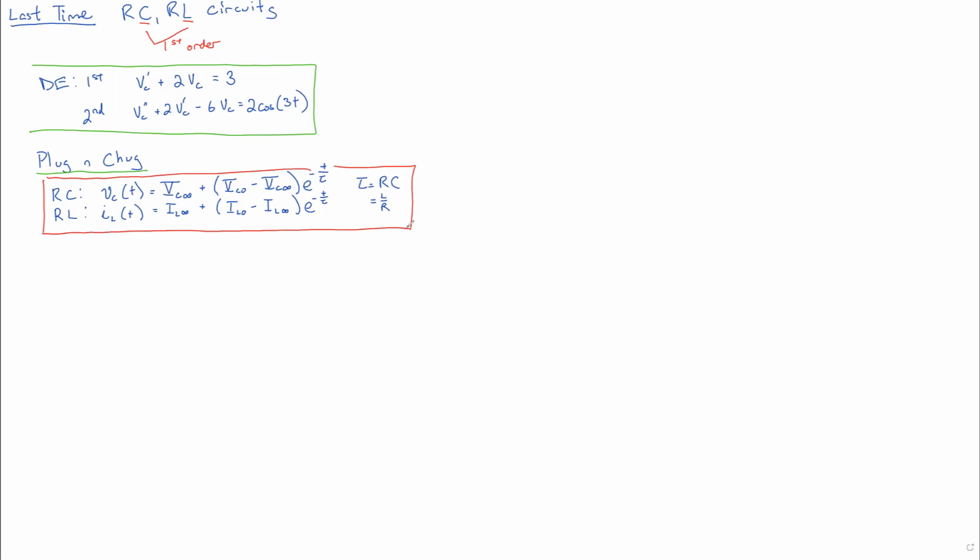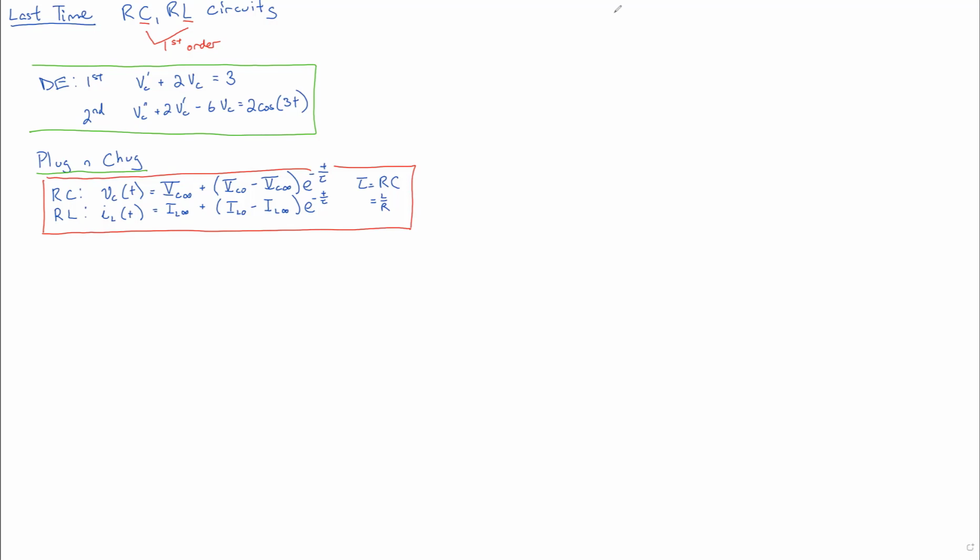And what if someone says, well, I want to find a different variable? Maybe it's a voltage across a resistor. Maybe it's a current through a resistor. Maybe it's a current through a capacitor or a voltage across an inductor or something else other than V sub C or I sub L. What would you say to someone who says, I want to see the equation for that? You probably just take it from one of those equations right there.